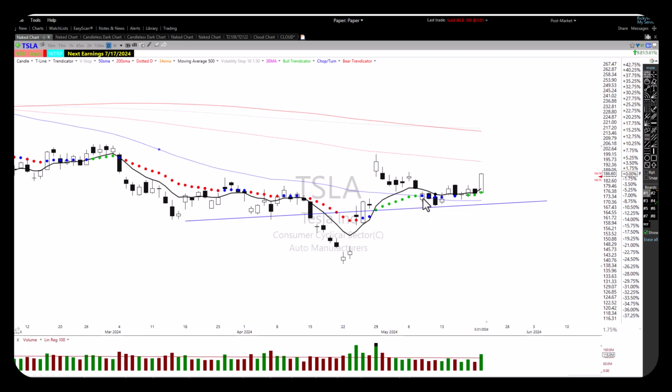See how we put in this bottom right in here, and then we went up right there. Some people call that a pop out of the box, and that's what I would call it too, or a flag, or just consolidation, but right there. And so I bought some Tesla.